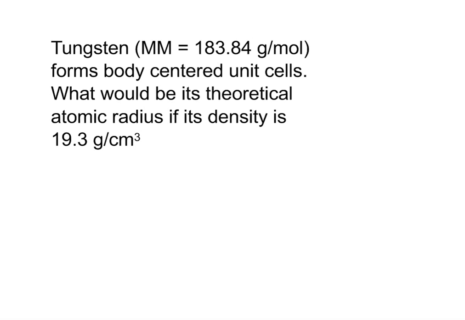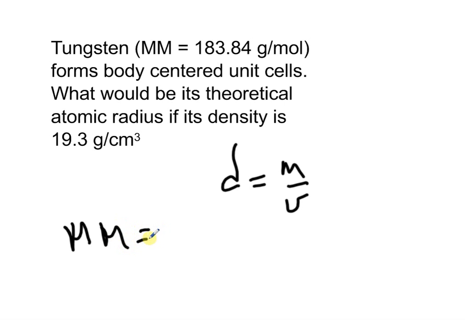For instance, we can remember that density is defined as mass over volume. We can remember that the molar mass would be the mass that the Avogadro number of atoms has in grams.